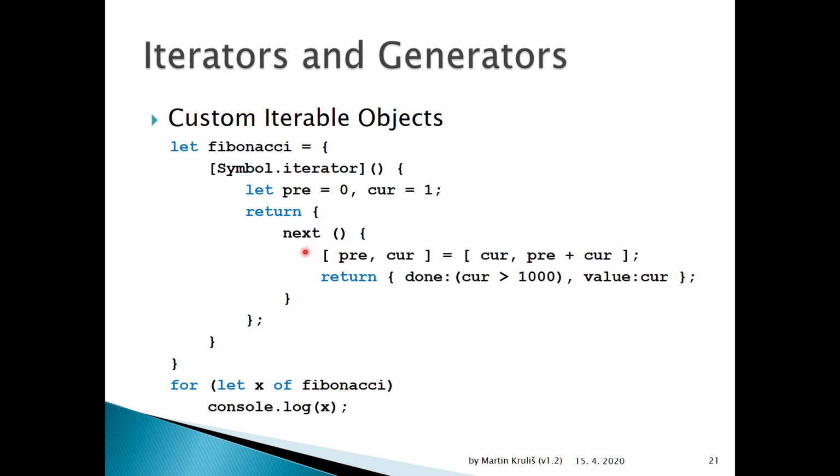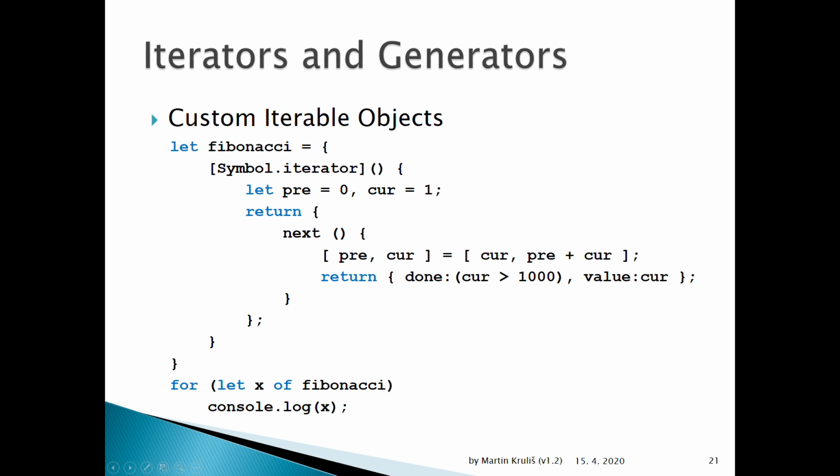And this is just a shorthand syntax for how to compute the next value of the Fibonacci sequence using destructuring assignments. So we have two values kept in the closure, pre and cur, which is shorthand for previous and current value. At the beginning, they are initialized to 0 and 1, as supposed to be in a Fibonacci sequence.